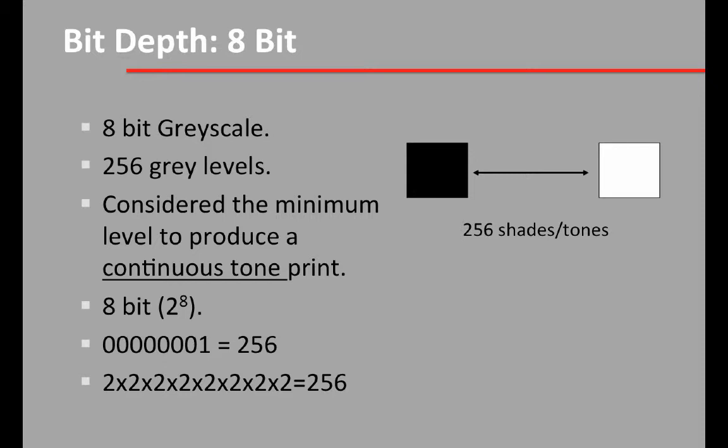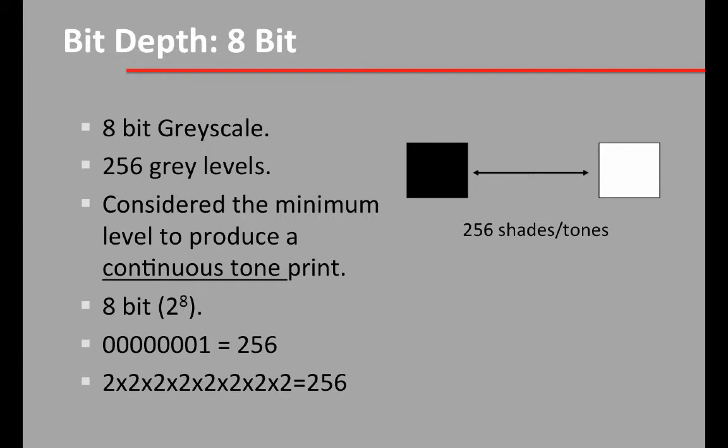And an 8-bit image, 2 to the power of 8, which equals 2 times 2 times 2 times 2 times 2 times 2 times 2 times 2, which equals 256. So 8 lots of 2, multiplied together, as you can see on the bottom there, represents 256 different shades of grey.